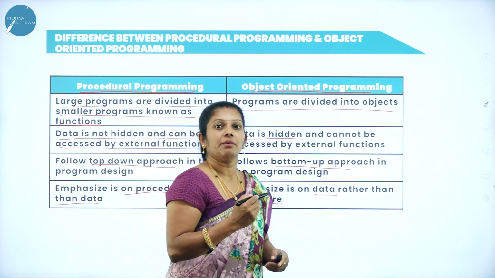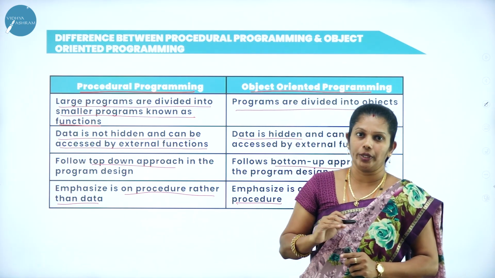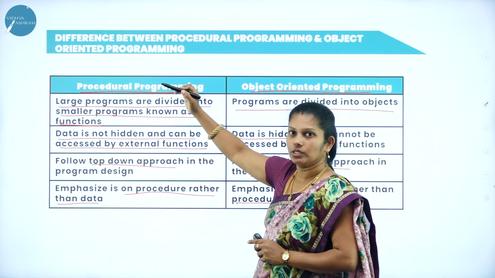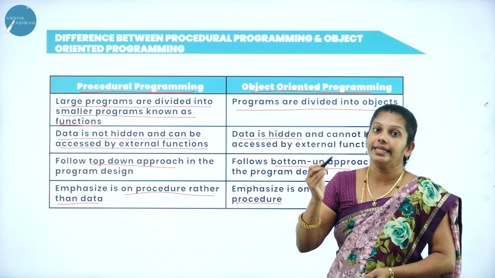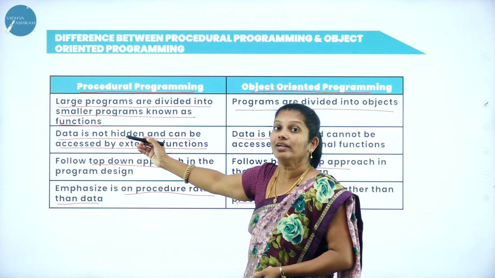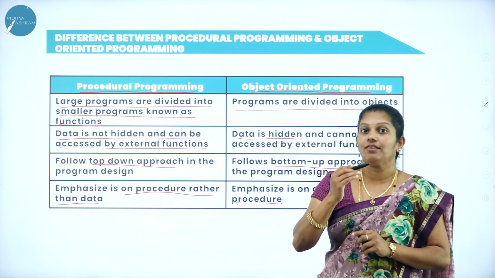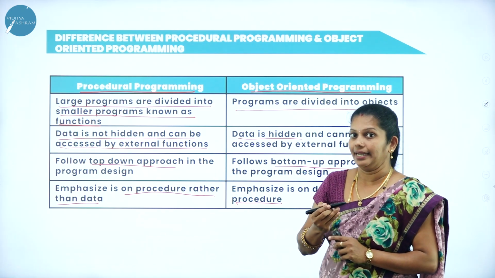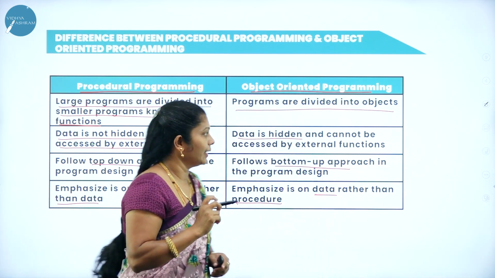They are going to ask this for 5 marks also, right? The difference between procedural and object-oriented. Procedural concentrates on procedure, whereas object-oriented mainly concentrates on data, not on procedure. Here data is not hidden, whereas in OOPS data is hidden. Whenever you want to access the data, you can access it only with the help of a function.